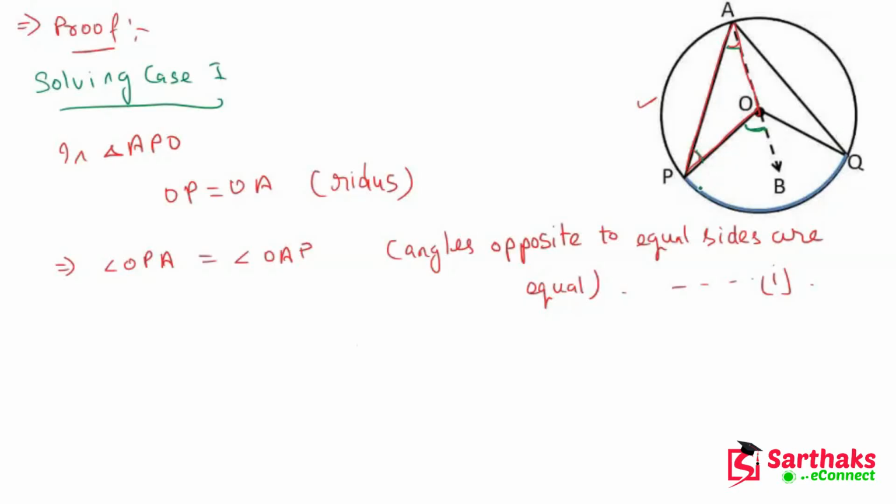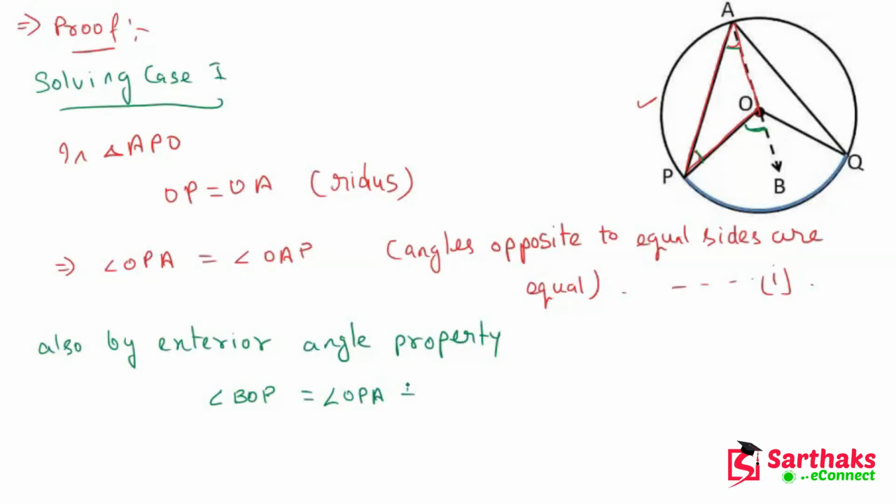So by the exterior angle property, angle BOP, which is the exterior angle, is equal to angle OPA plus angle OAP.